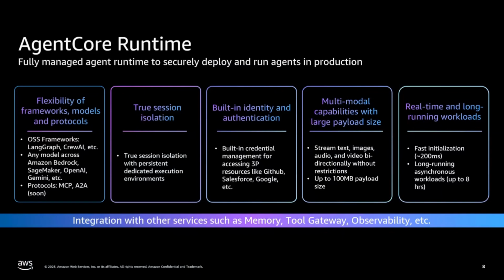We will also dive into how initialization happens, and how you handle long-running asynchronous workloads of up to 8 hours, or beyond 8 hours if you're in the order of days. What are the workarounds to be able to run your runtime in the backend? We're going to cover all of this.